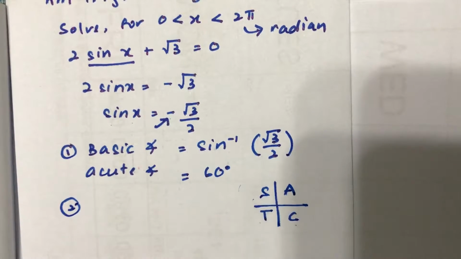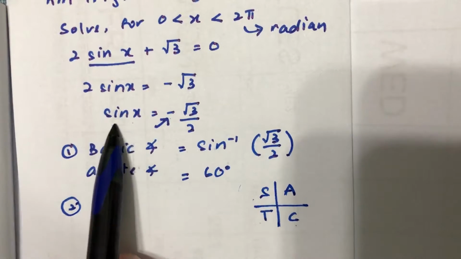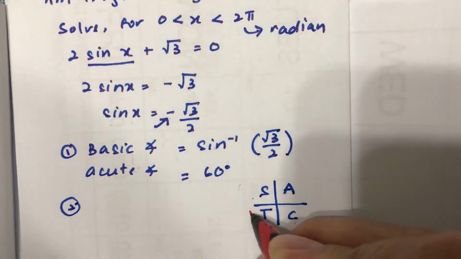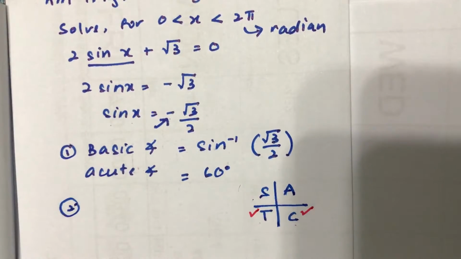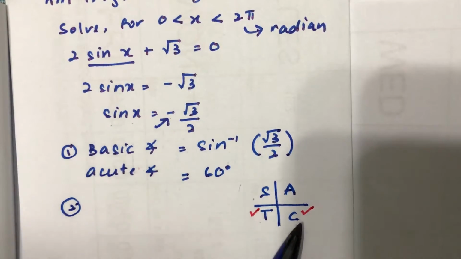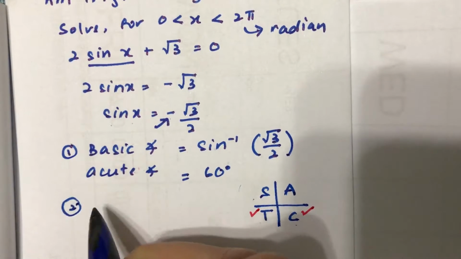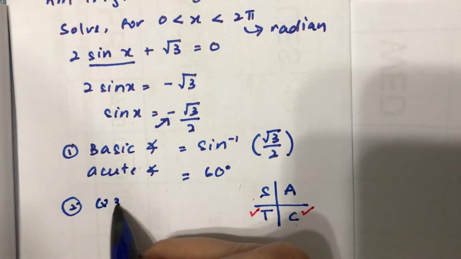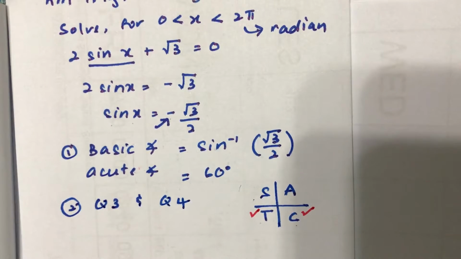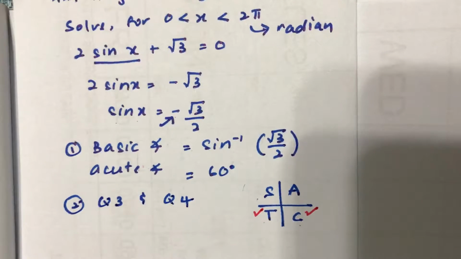Okay, so respectively. So which quadrant will sine negative fall in? So sine negative will fall in quadrant 3 and quadrant 4, because in quadrant 3 only tangent is positive. In quadrant 4 only cos is positive. So we're going to list down first. So this is quadrant 3 and quadrant 4. So these are the two quadrants where I'm supposed to get my answer.